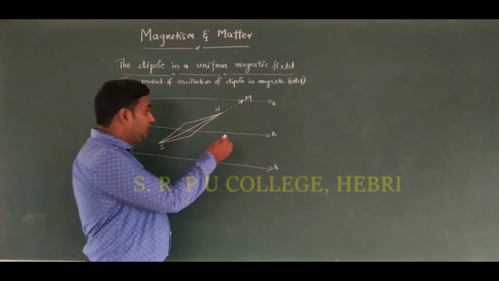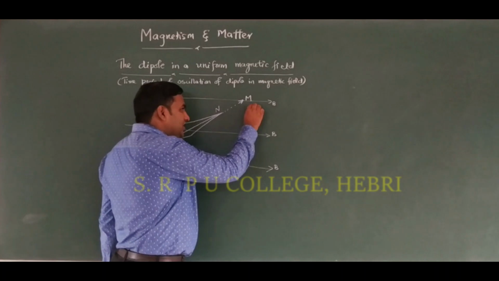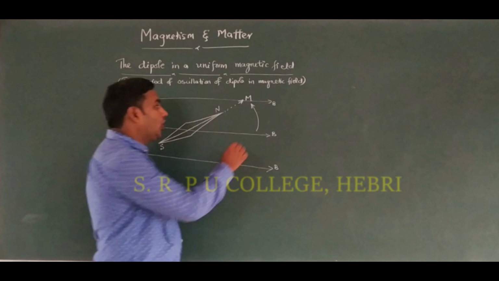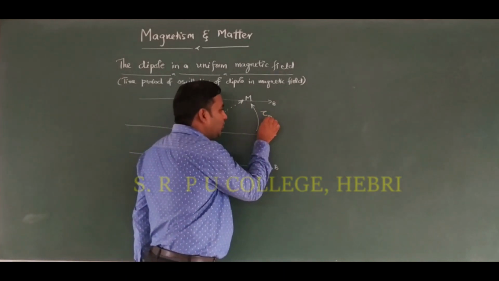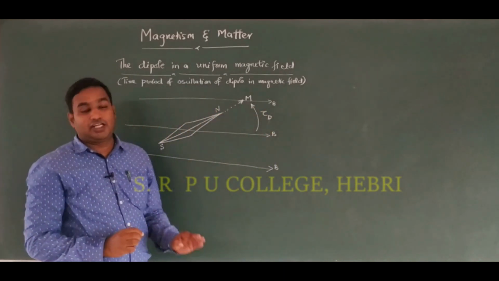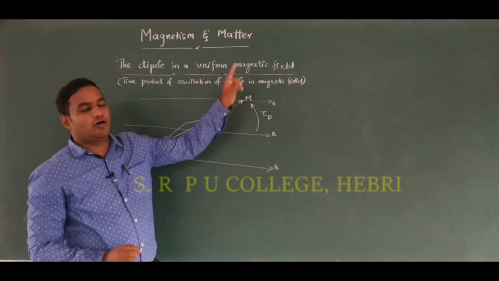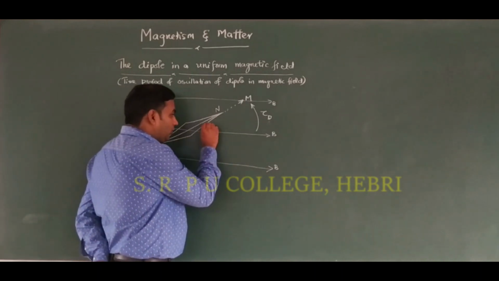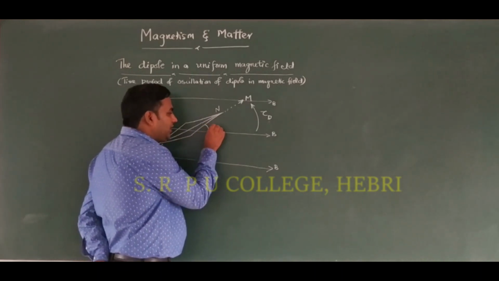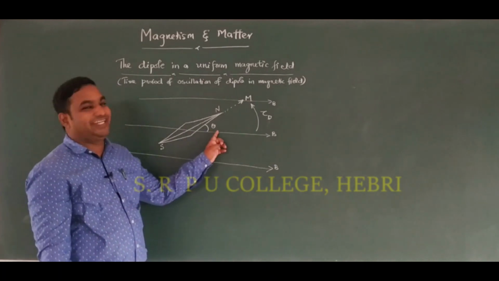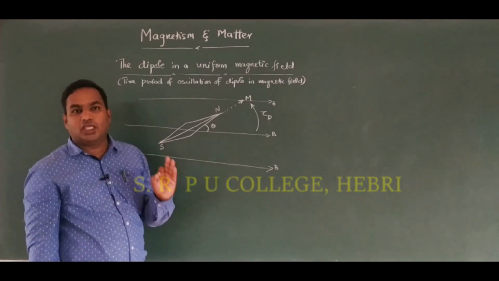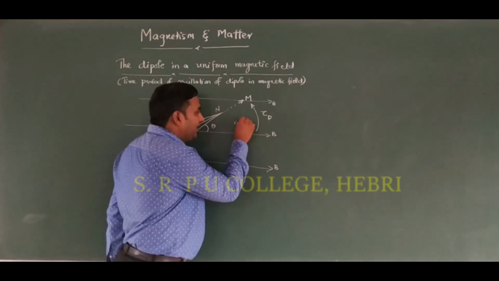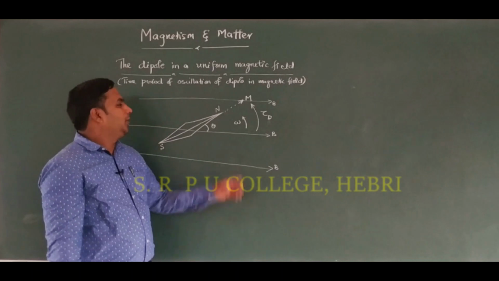And automatically there will be a deflection like this. This is mainly due to the torque called deflecting torque. I denote it as tau d. Tau d is the deflecting torque with the support of the uniform external magnetic field. Due to this deflecting torque, the angle swept by this magnetic needle is theta, where theta is called angular displacement, and this angular displacement provides the value for angular velocity.